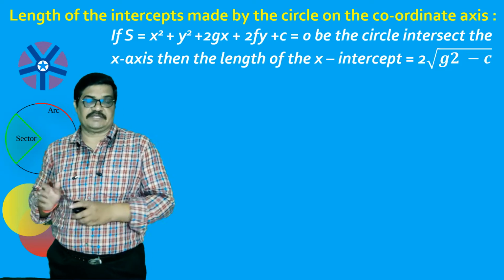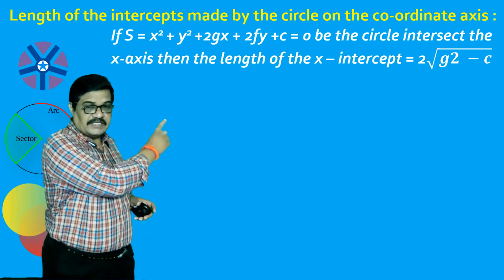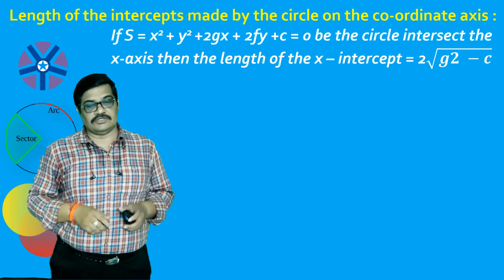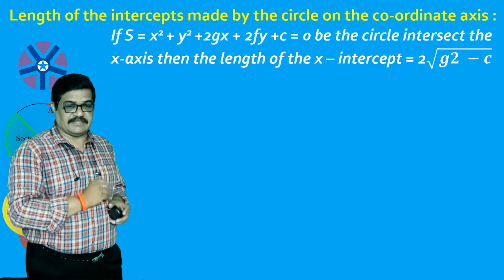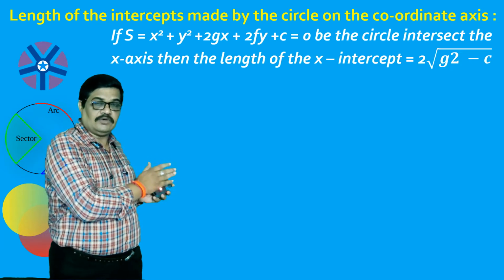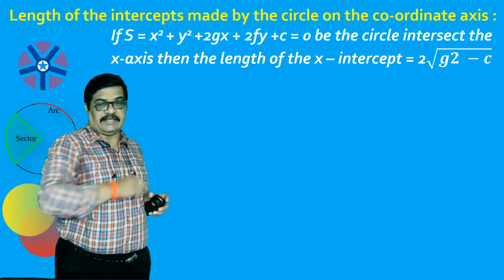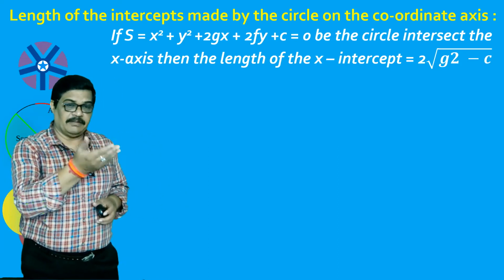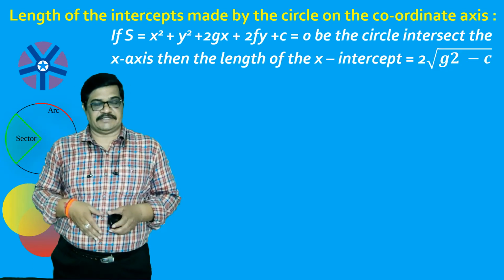If S is x square plus y square plus 2gx plus 2fy plus c is equal to 0, and the circle intersects the x-axis, then the length of the x-intercept is equal to 2 into root of g square minus c. That is the length of the intercept made by this circle S is equal to 0 on the x-axis.